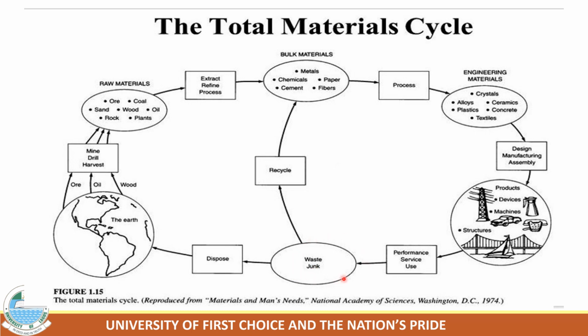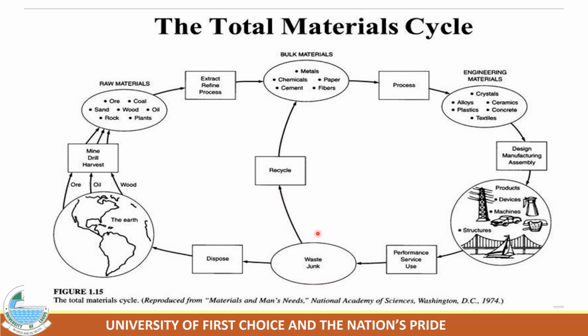The waste and junk you see here can also be recycled. Recycled material goes back to the bulk material. That is the aluminum can that you see in your environment, or the waste material pickers in our environment. They pick waste to recycle it back to new bulk material.